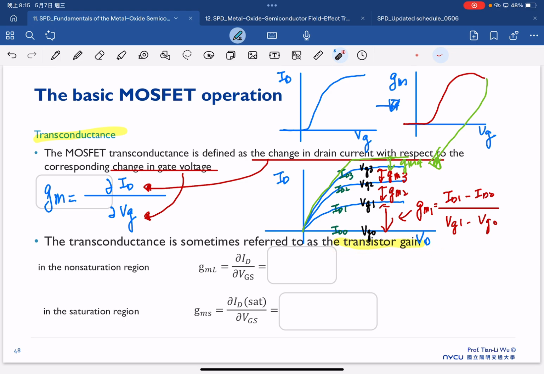It just calculates the slope of the ID-VG, and we can already see the transconductance inside the ID-VD as well. And of course, we can further calculate the transconductance in the non-saturation, linear region, which will be equal to this one.